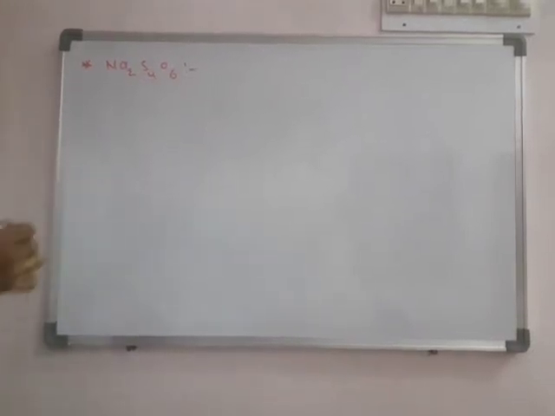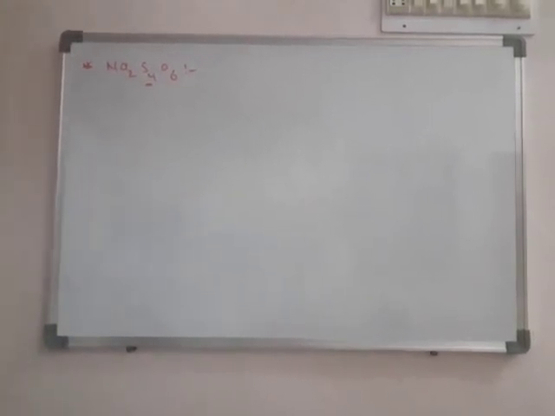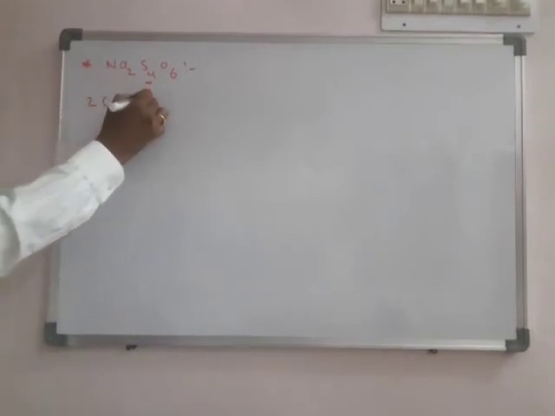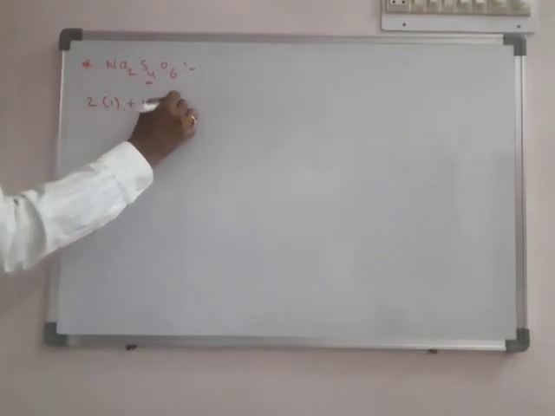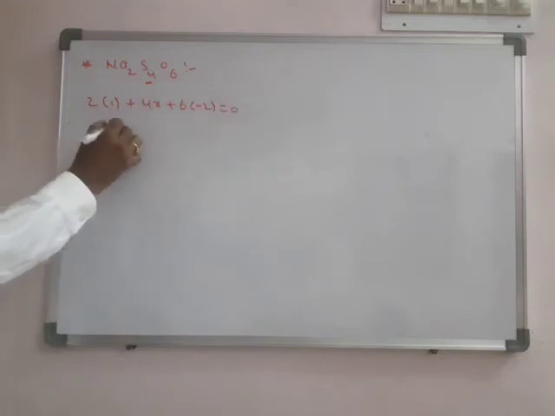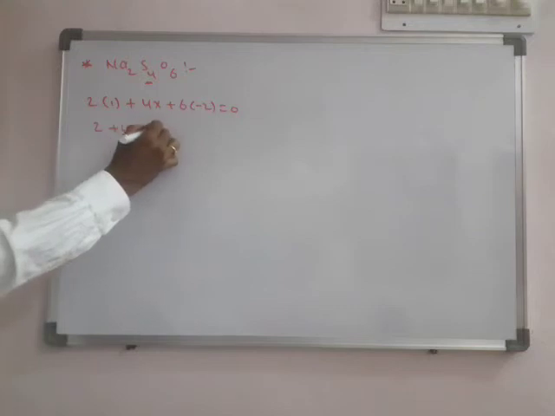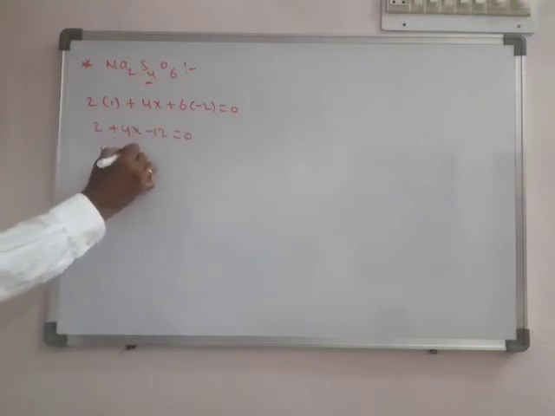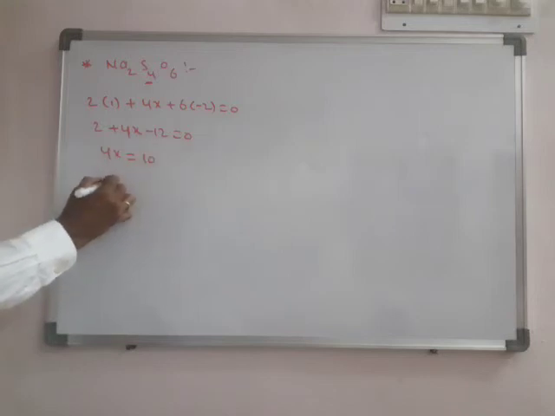So what is the sulfur oxidation state? So 2 sodiums, no doubt plus 1. So 10 by 4, it is average 5 by 2.